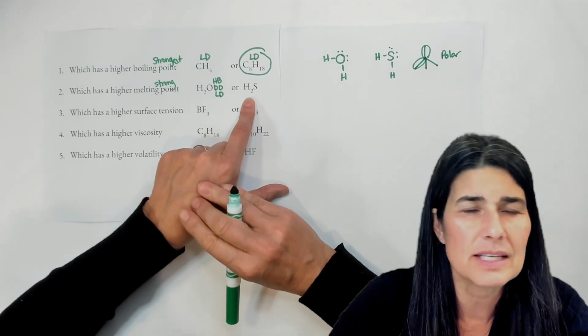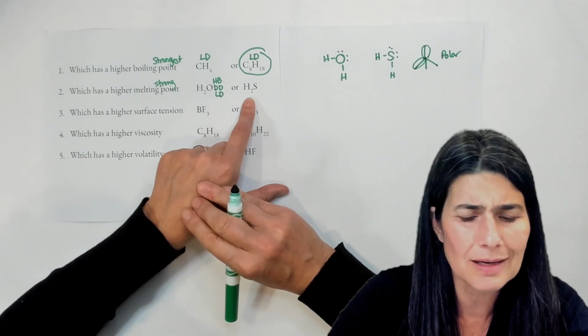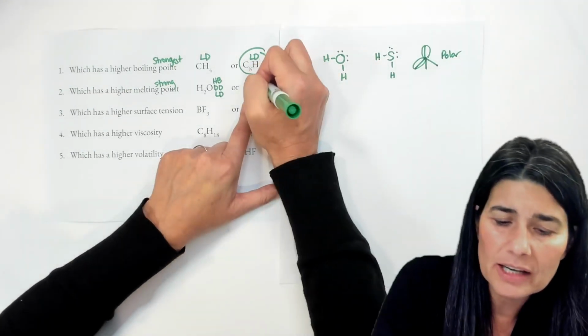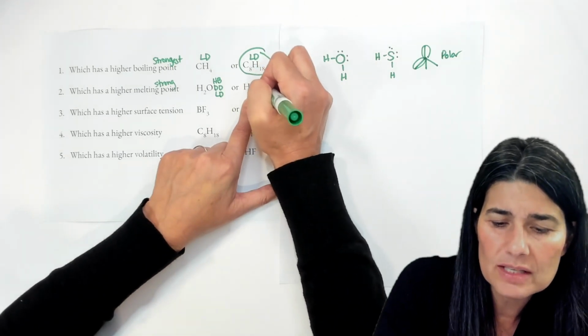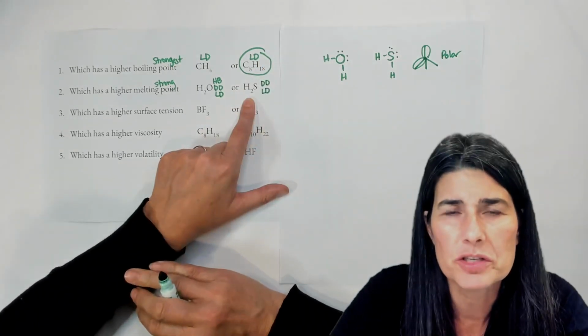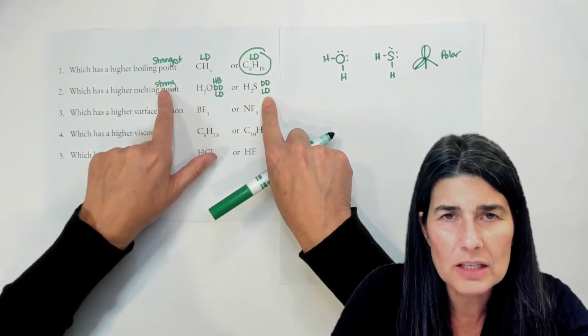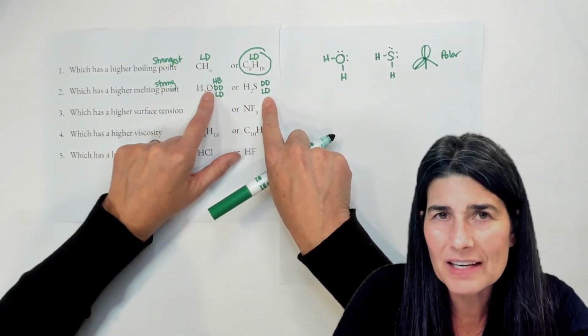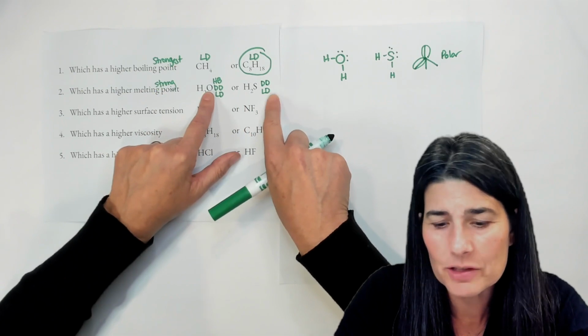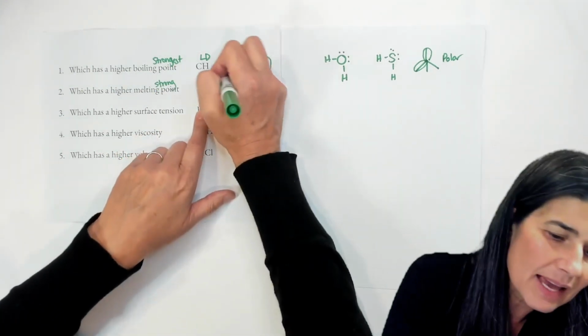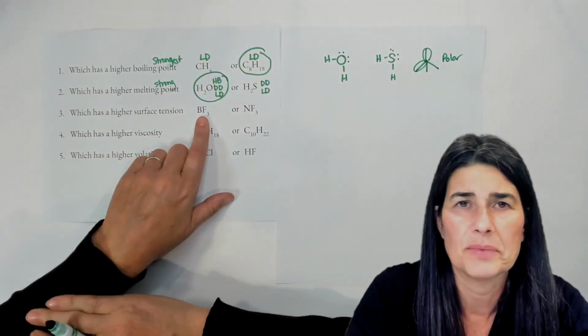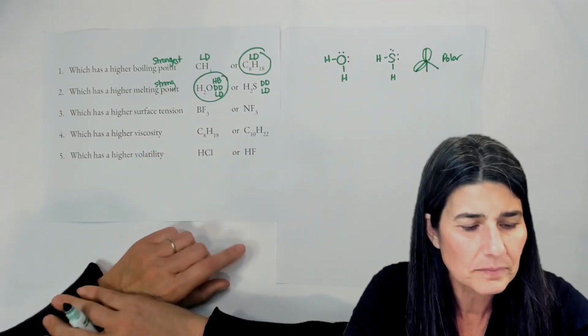Now we go down the list. Does this have H-bonding? No. But being polar, it has dipole-dipole forces and London dispersion forces. I've identified the forces. Now, I wanted the strongest one. H-bonding, dipole-dipole and LD versus dipole-dipole and LD. H-bonding wins the day. All right, let's try another one.